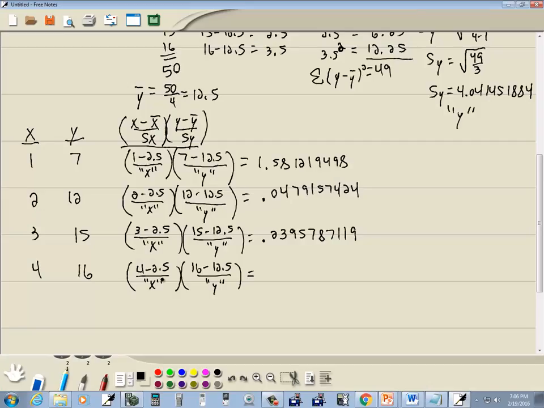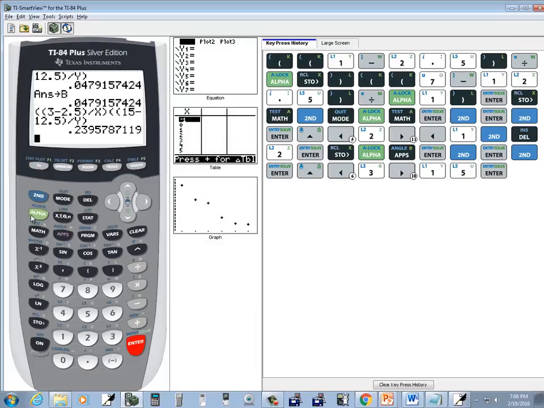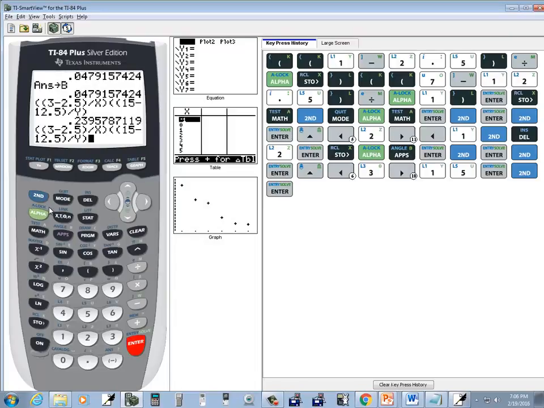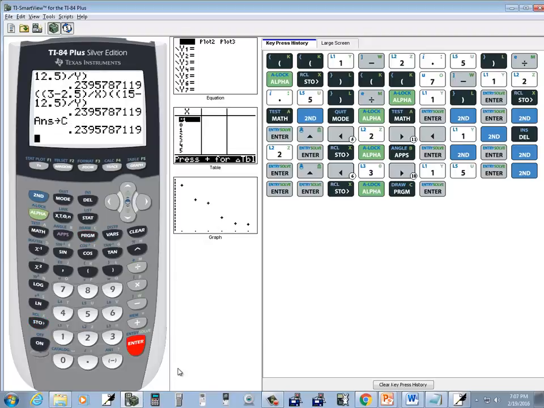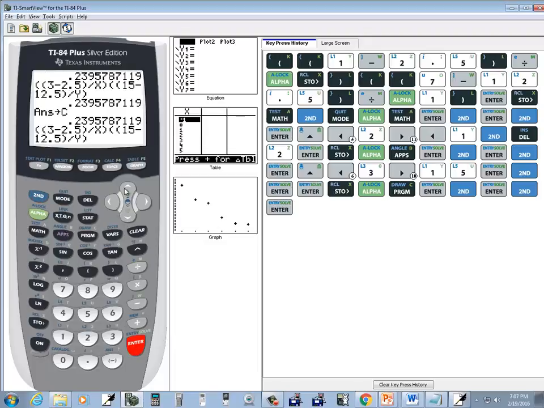And I got my last one to do, this one right here. So I'll do a second enter, bring up previous entry. Oh, I didn't store that, did I? I better store that. I'll press my store button, and then I'll do alpha C. Okay, now I do my last entry. Second mode, okay.